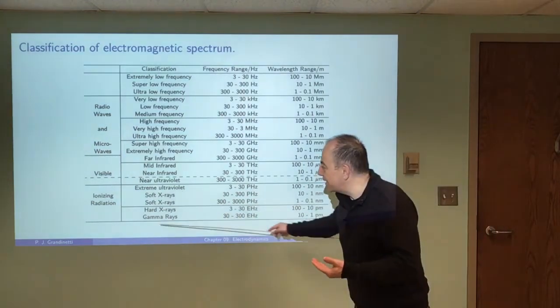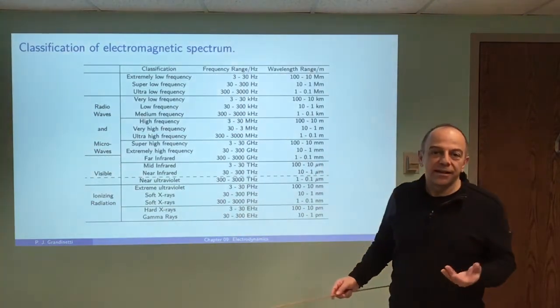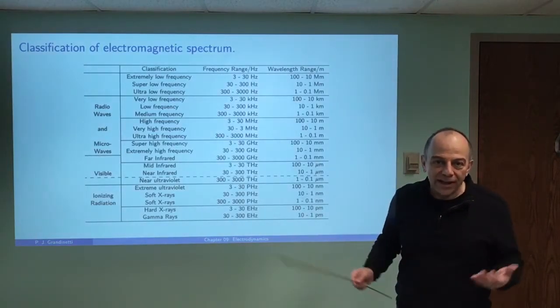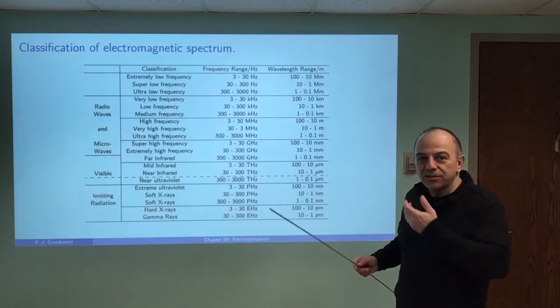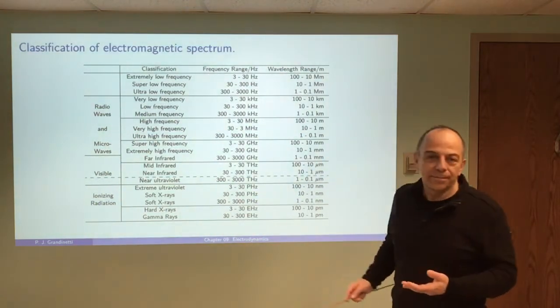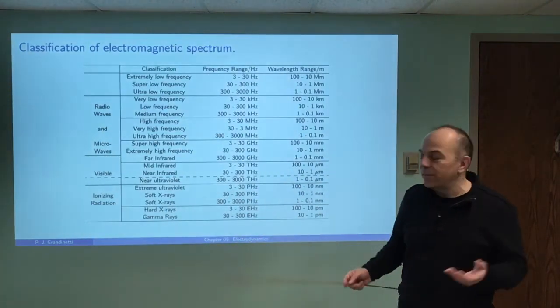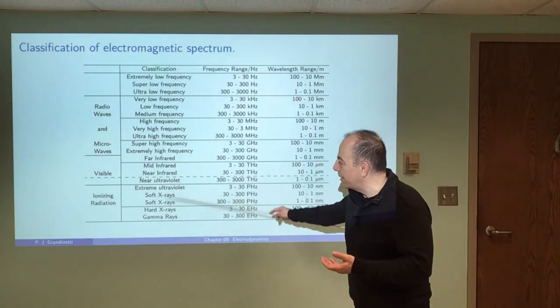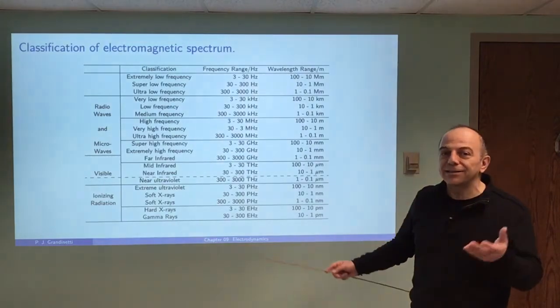So the fact that ionizing radiation is light that can start ripping electrons off atoms and out of molecules doesn't quite make sense, that these will do it but the others won't, because the same small amplitude of radio waves should be able to do the same thing as the same small amplitude of ionizing radiation.